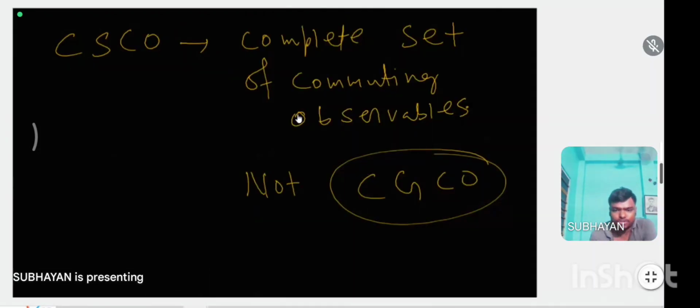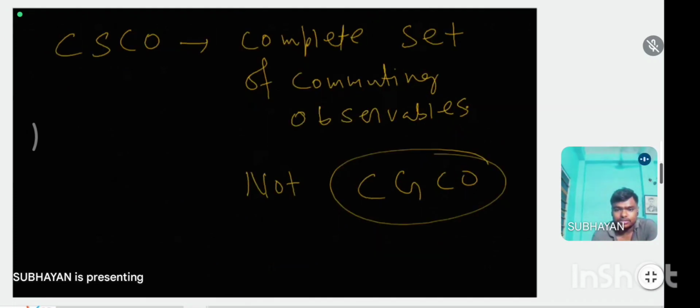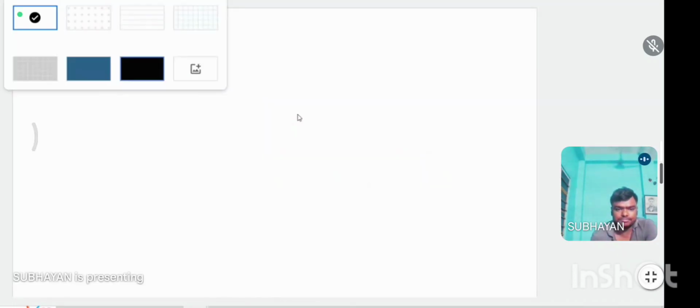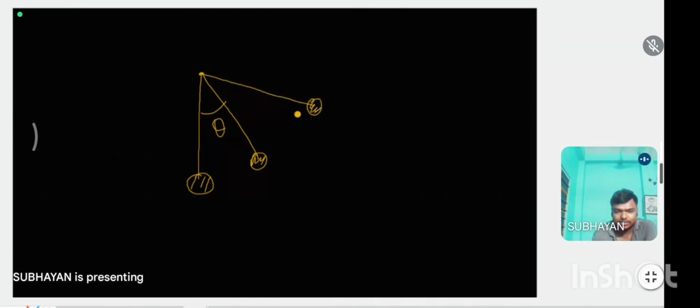Okay, so these are not commuting. A very interesting thing, because suppose at first the body is here and the axis is coming out of the page. Now you make a rotation about this axis with an angle theta. After that, you make another rotation with phi.